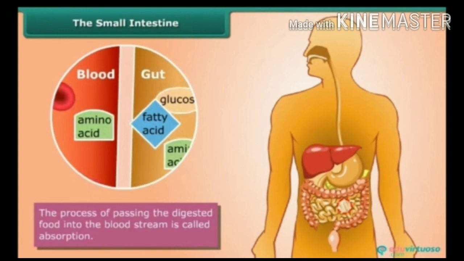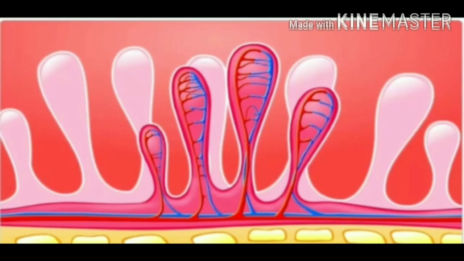The inner walls of the small intestine have thousands of finger-like outgrowths called villi. These villi increase the surface area for absorption of the digested food. Each villus has a network of thin and small blood vessels close to its surface.